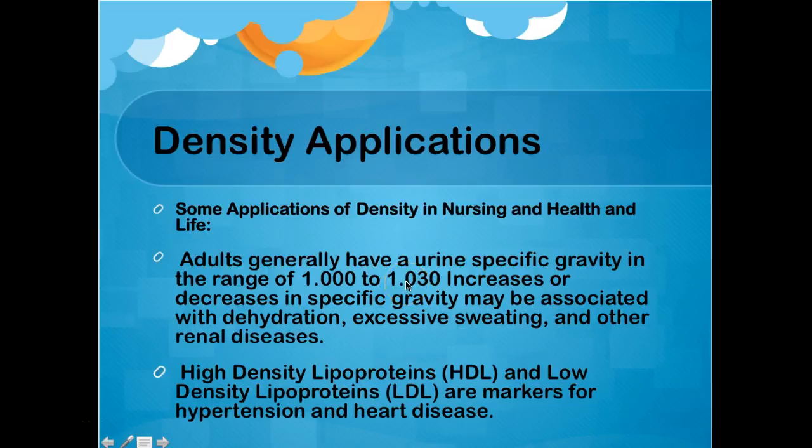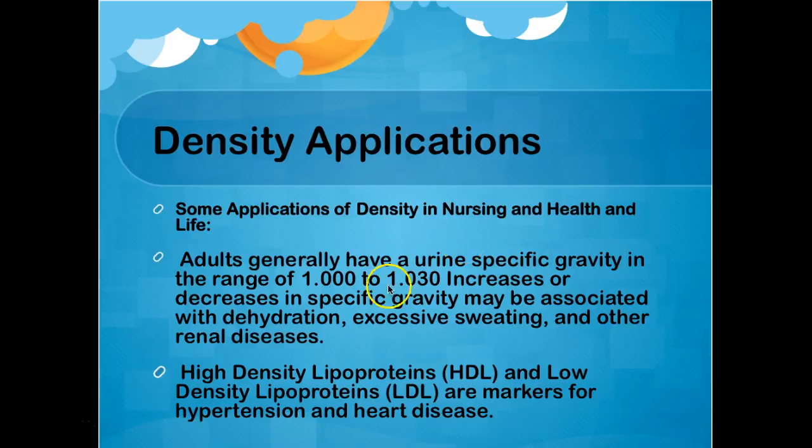So it's very similar to density, except it doesn't have units. As far as the numeric value, density and specific gravity are numerically equivalent. The only difference is density has units of grams per mil, but specific gravity is just the number.